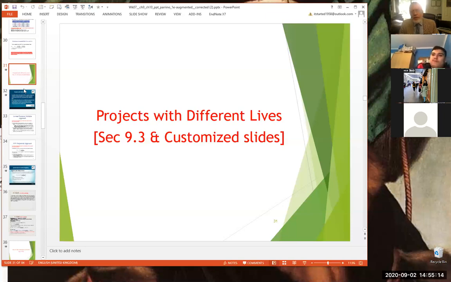It naturally doesn't take account of 2 really important issues. One is the length of ownership, or the potential difference in lengths of ownership between different projects. And the other one is the different magnitude, the different scale of the competing projects.